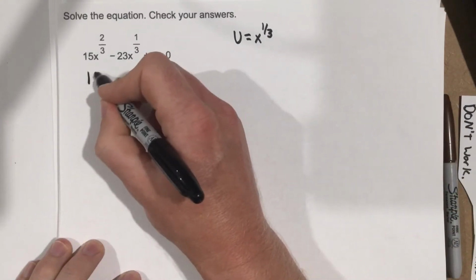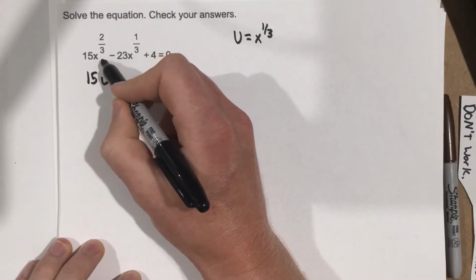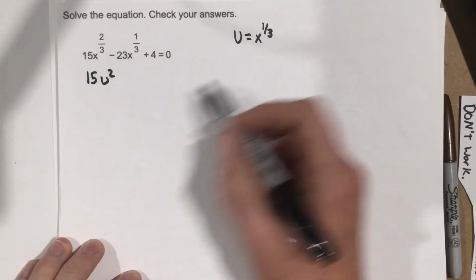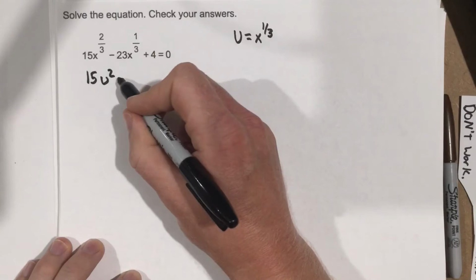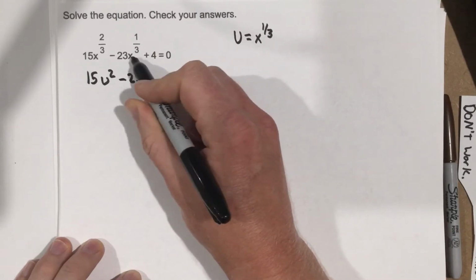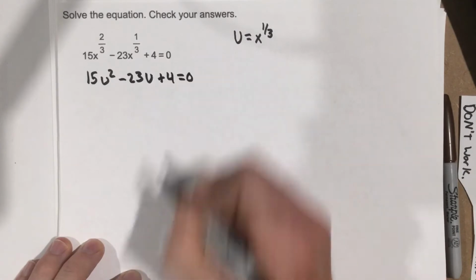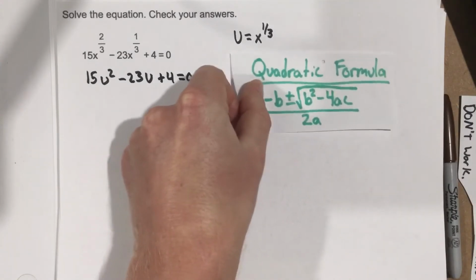We're going to say 15 u squared, because obviously x to the 2/3 is x to the 1/3 times x to the 1/3. Which means we'd get 2 u's being multiplied, which is u squared, minus 23 x to the 1/3, so that's u, plus 4 equals 0. Now we're going to go to the quadratic formula, and we're going to use it.